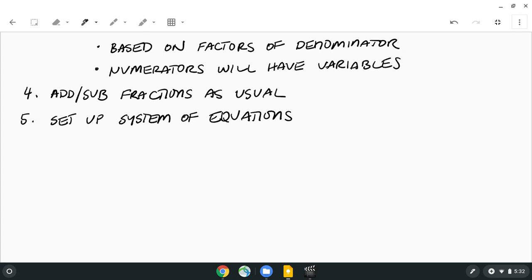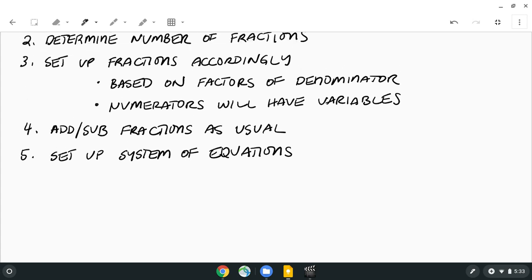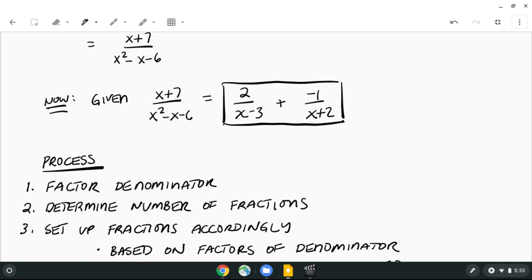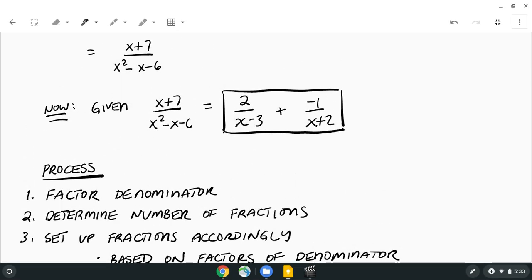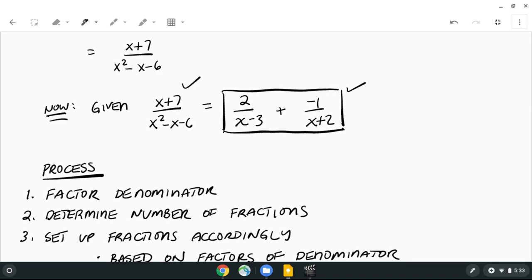And why would we want to do that? Later on, if you do decide to take calculus, there's going to be this thing called integration, which finds the area under a curve, or it could be volume. Sometimes it's easier to find the integral of these two fractions rather than this one.